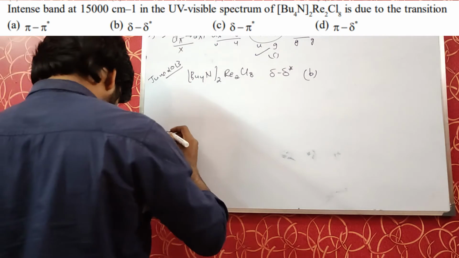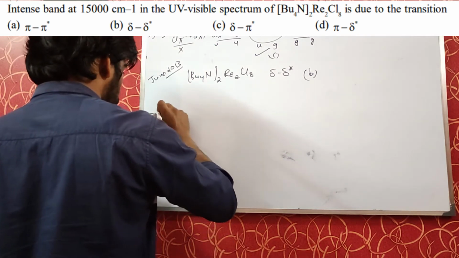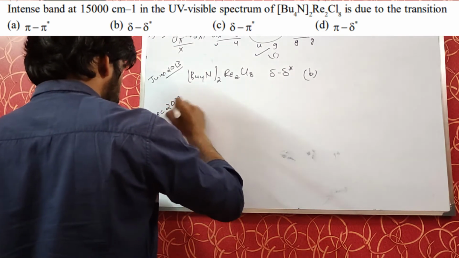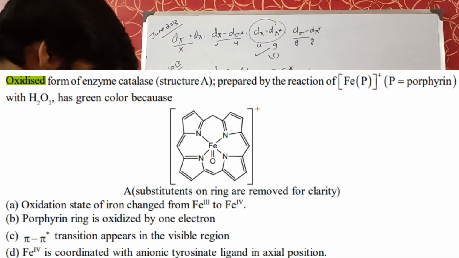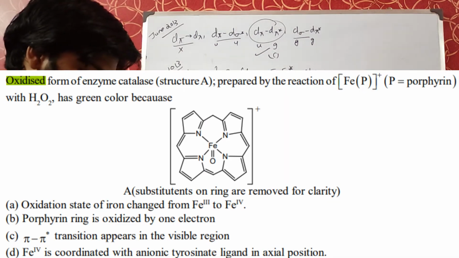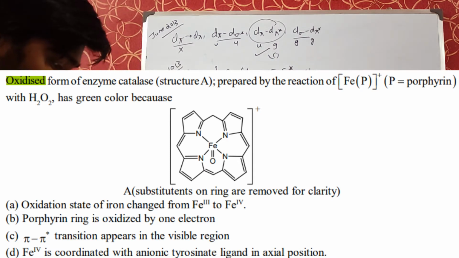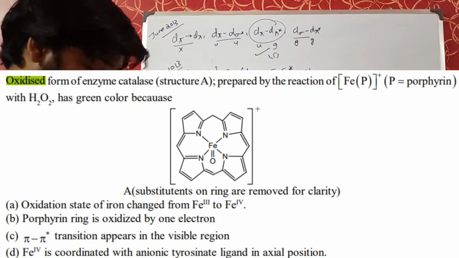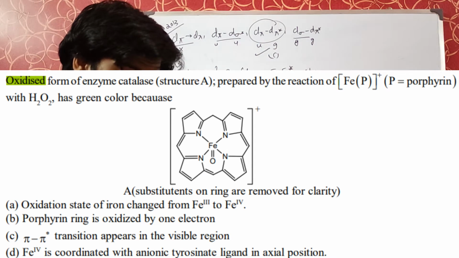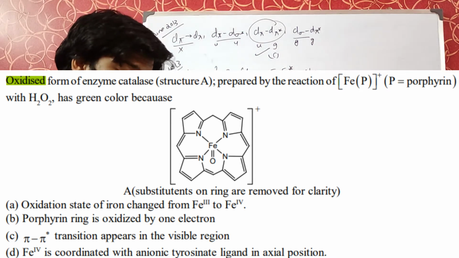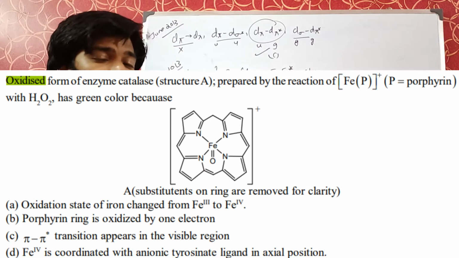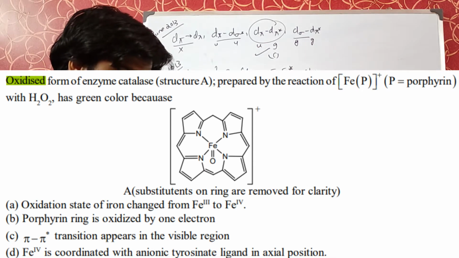Then you have from December 2013, which says the oxidized form of the enzyme catalase prepared by the reaction of porphyrin with H2O2 has green color because oxidation state of the iron changed. No, it does not change. Porphyrin ring is oxidized by one electron. That is true. H2O2 actually oxidizes the porphyrin ring.